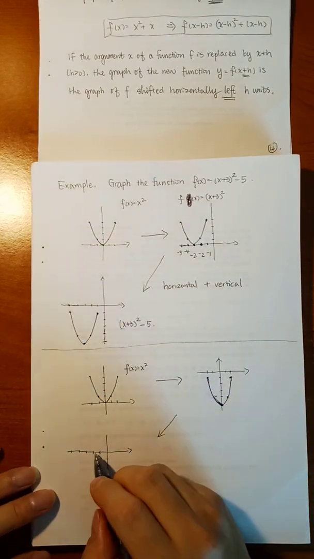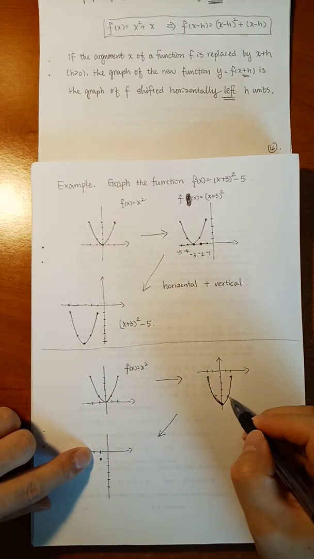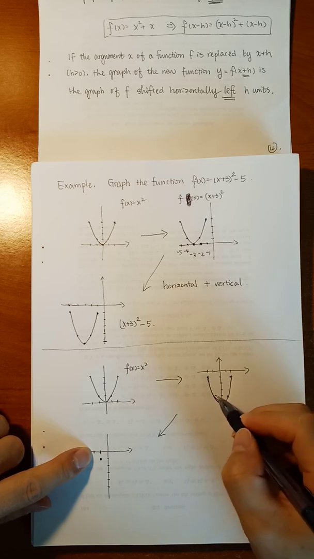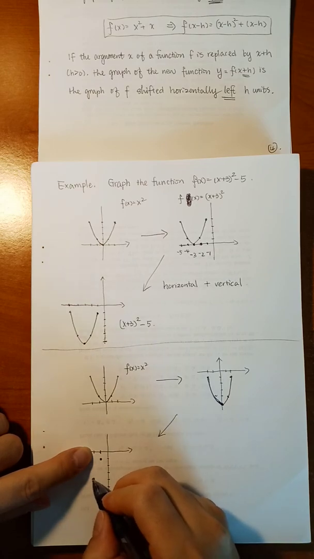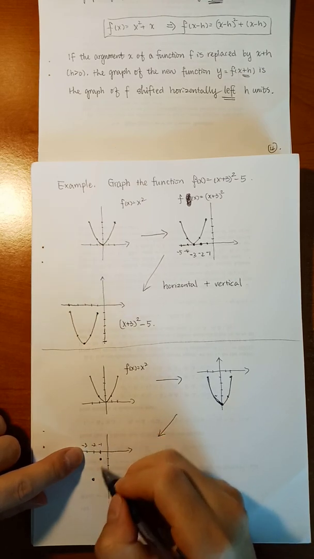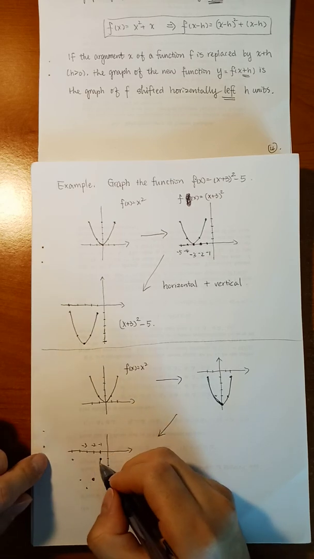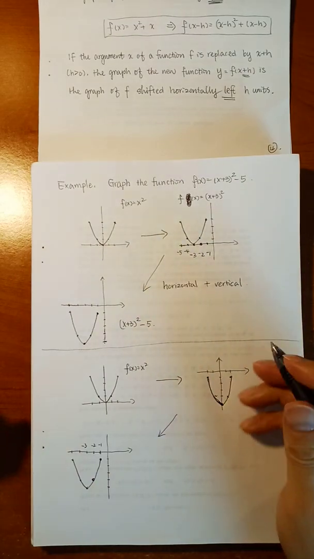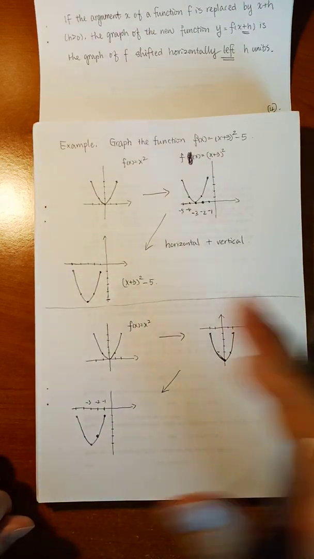And 1 is shifted 3 units, 1, 2, 3, to negative 2. This is also moved 3 units, so it's negative 4. And the 0 is shifted to negative 3. Just get the same precise label and shift it to the left 3 units.